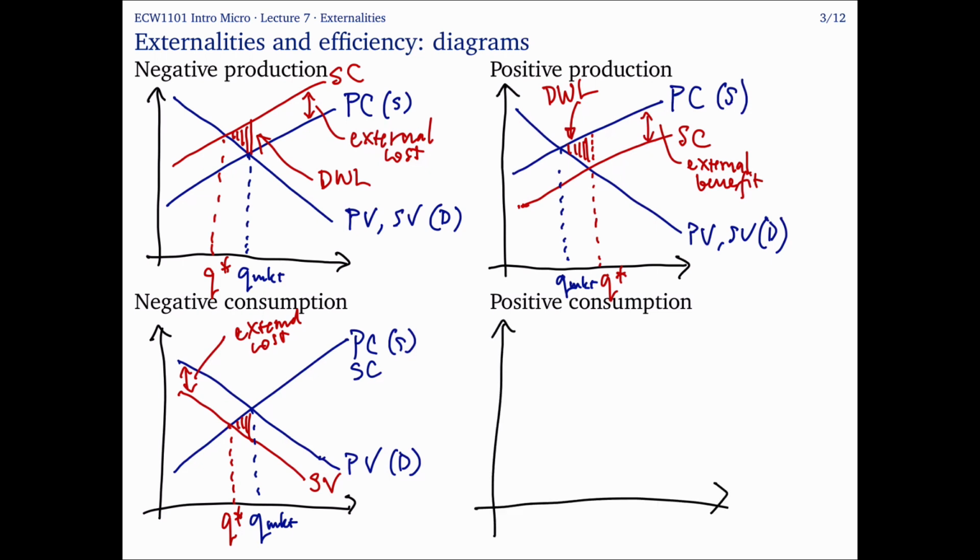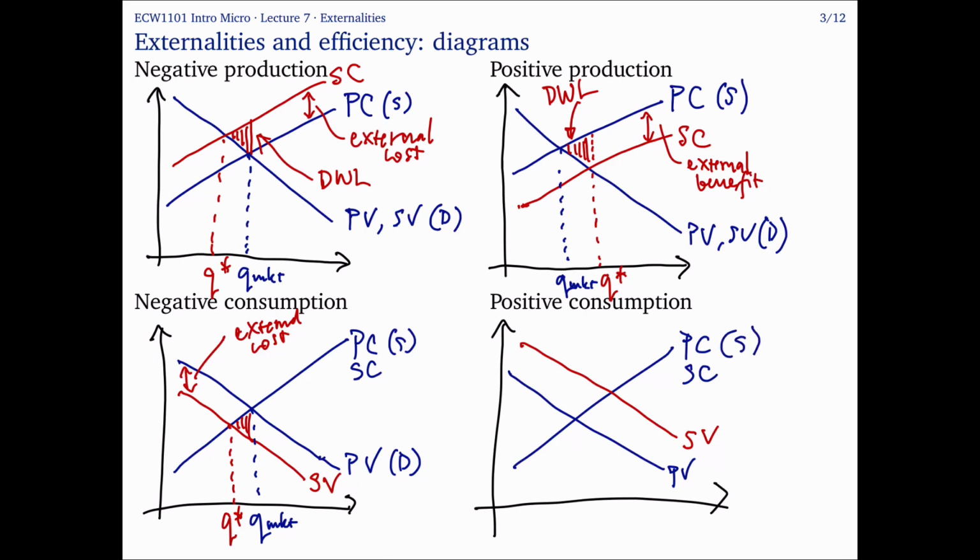And similarly for positive consumption, it's a discrepancy in the private and social values, so it's the reverse of the negative. The social value is higher than the private value. By the way, this is also social cost. This is supply, this is demand.